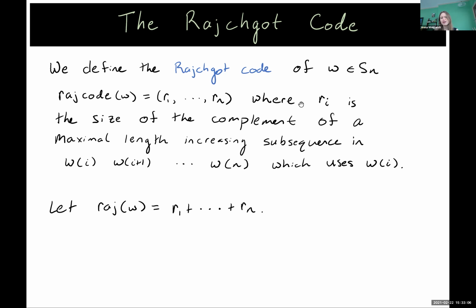But R_i counts the size of the complement of a maximal length increasing subsequence in w_i, w_{i+1} up to w_n, which uses w_i as part of the subsequence. So it has to start from w_i, and then be a maximal length increasing subsequence subject to starting with w_i. And then this statistic raj is just the sum of the different pieces of the Ratchcock code.